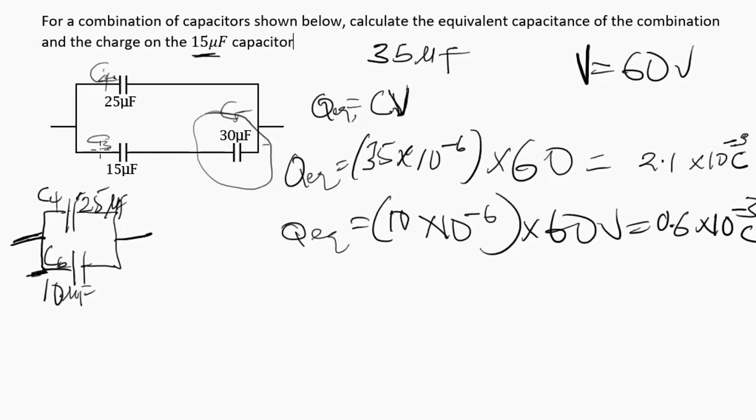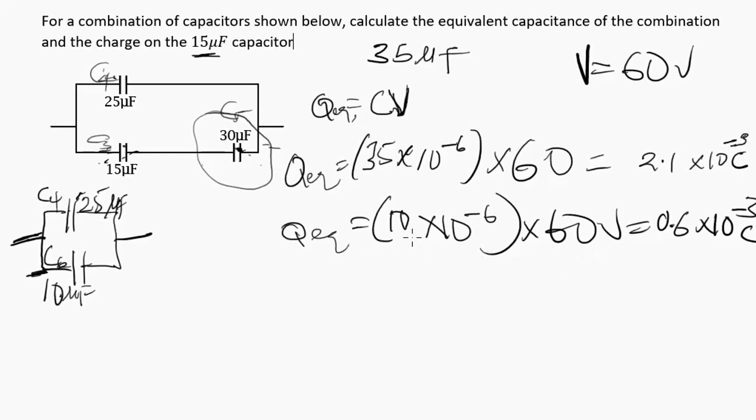At this point, we want to find the charges here for C3 and C5. Notice that the charge in C3 and that in C5 will be the same, but the potential difference between them will not be the same. So we won't solve for this.